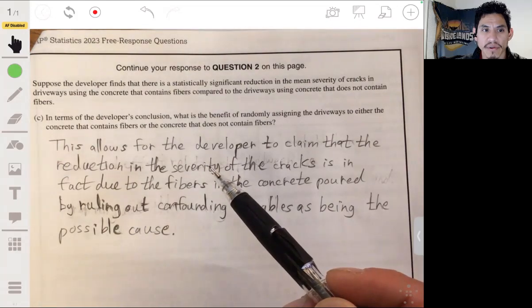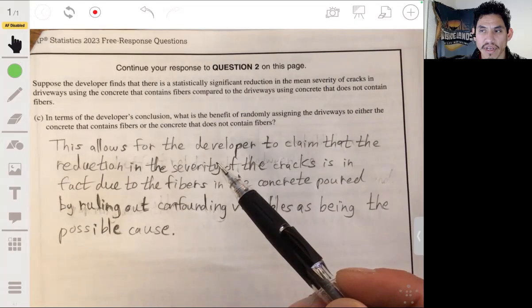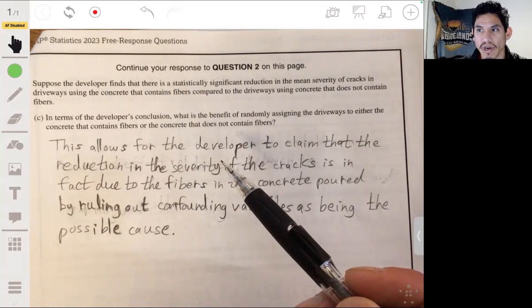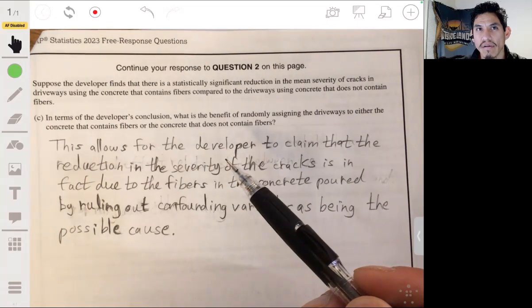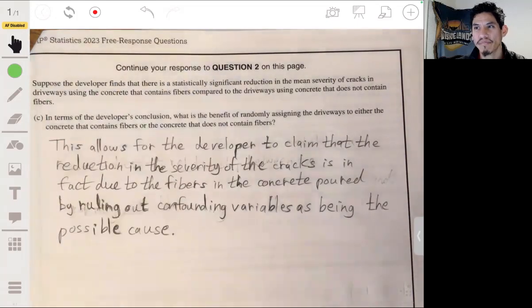Maybe like it rained a lot on 10 of the driveways, or maybe some of the driveways are in an area where there's a lot of flooding or something like that. Maybe the weather has higher moisture.